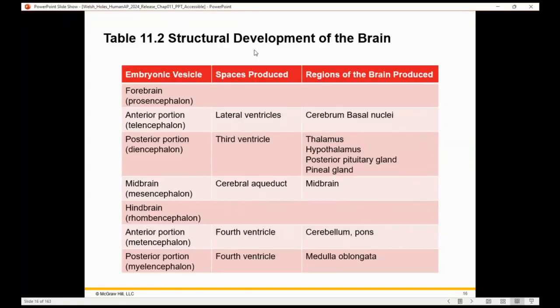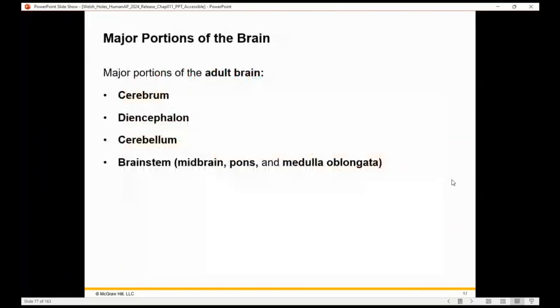This table shows you the structural development of the brain and summarizes what each of the different portions become eventually. The major portions of the adult brain include the cerebrum, the diencephalon, the cerebellum, and the brainstem, which includes the midbrain, pons, and medulla oblongata.